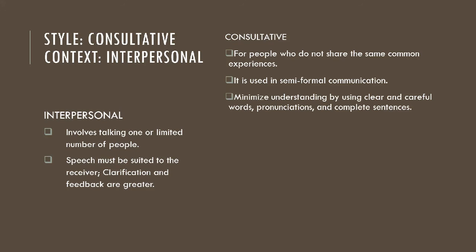The diction and delivery can be formal or casual, known as semi-formal when it comes to communication. It stands in between and still needs clear and careful words, pronunciation, and complete sentences for the sender and receiver to understand each other. This style is usually seen when it comes to superiors and subordinates.